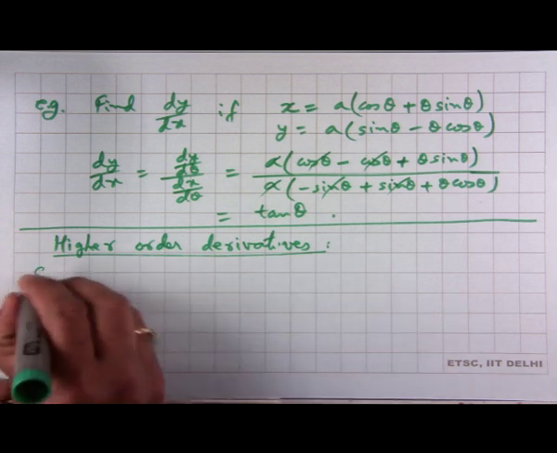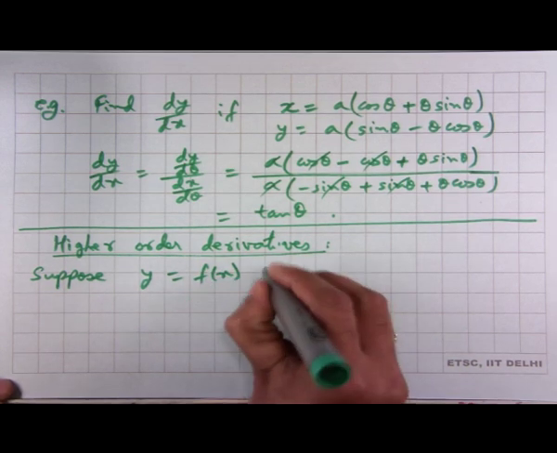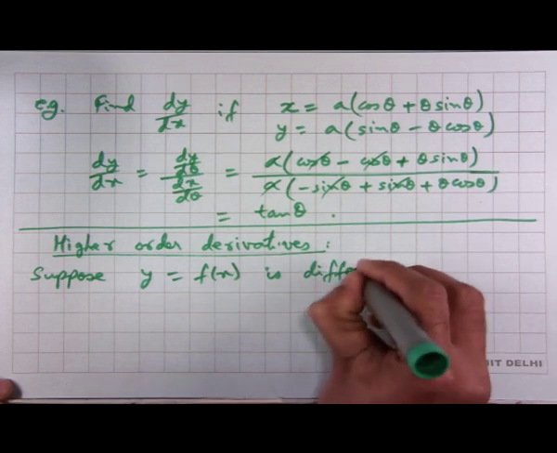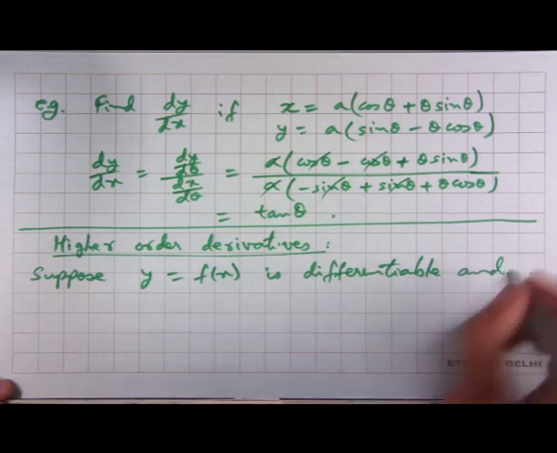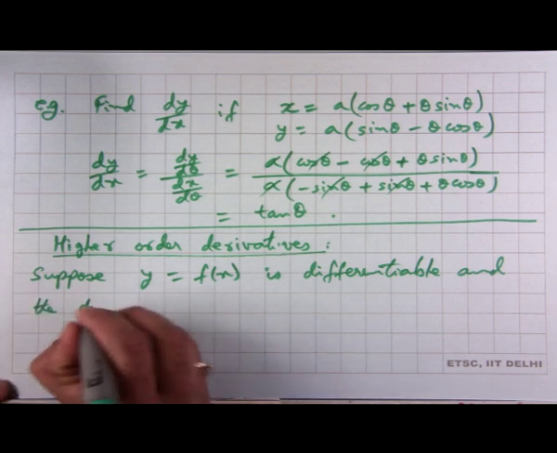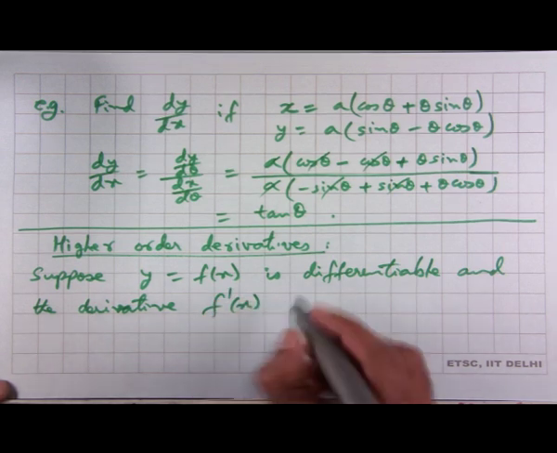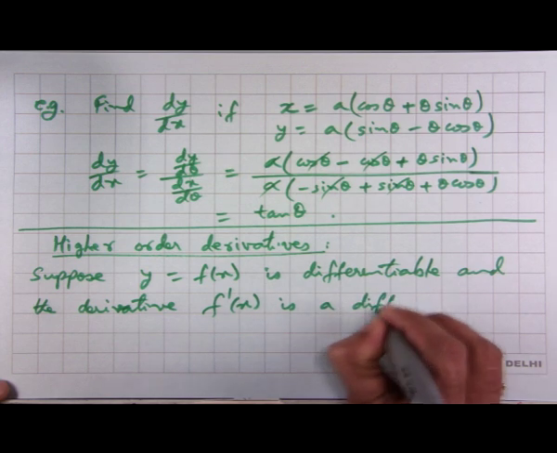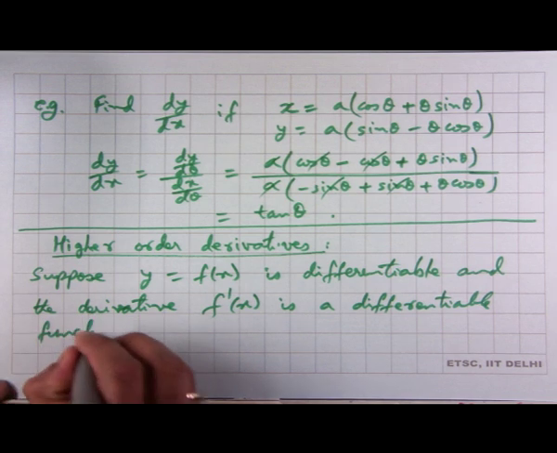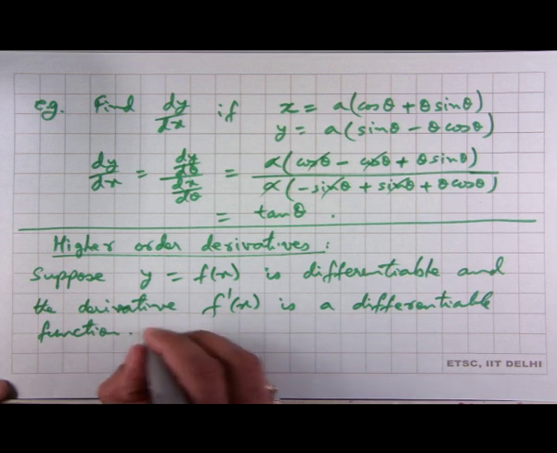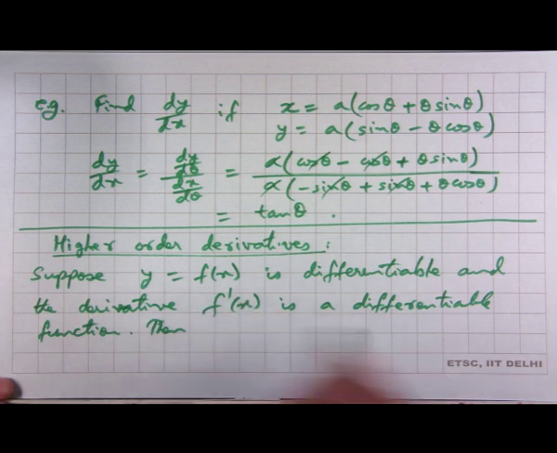So, suppose y is equal to f of x is differentiable and the derivative f prime x is a differentiable function, then we can find the derivative of f prime x.